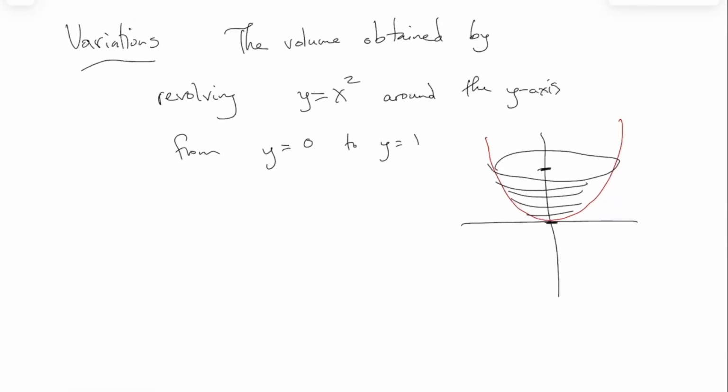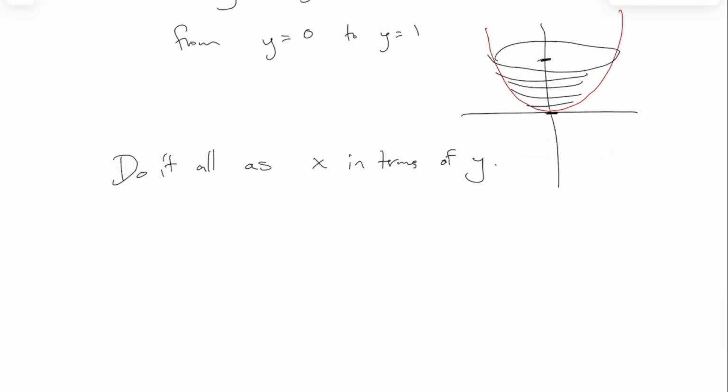Let's just try this. The whole deal is basically the same as usual, but you have to do everything sideways. Just like we talked about with the area between curves, you have to do it as x in terms of y. So your job in this case is to rewrite the function as x equals f of y, using y as the main variable instead of x.